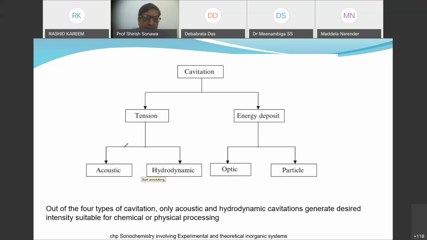Both these tension-based cavitations are important for us, which can be designed and utilized as chemical and physical effects for intensifying any process. Specifically, we can use it for nanoparticles.